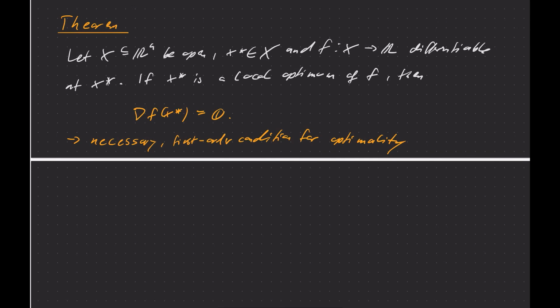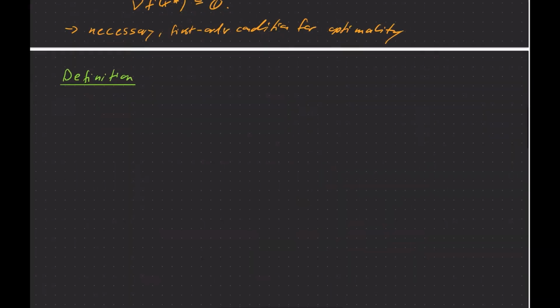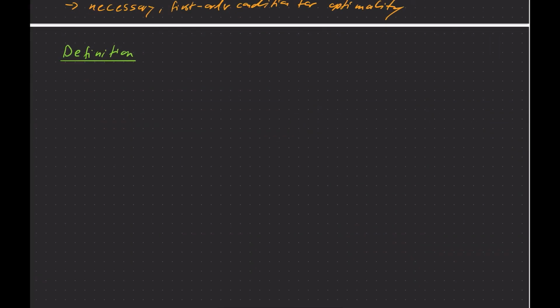Okay, finally, as these points here with gradient zero play such an important role, we just give them a name. So that's the final definition of this video here. Let X be in R to the n open. Let f be a function defined on X mapping to R, differentiable.